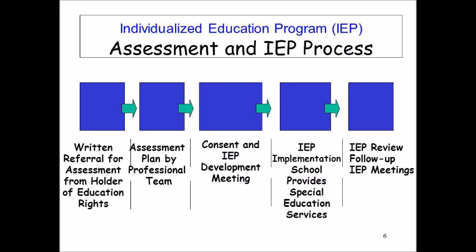The school makes sure that the child's IEP is carried out as it is written. Step 8. Progress is measured and reported to parents. The child's progress towards the annual goals is measured as stated in the IEP. Step 9. The IEP is reviewed. A child's IEP is reviewed by the IEP team at least once a year, or more often if the parent or school asks for a review.